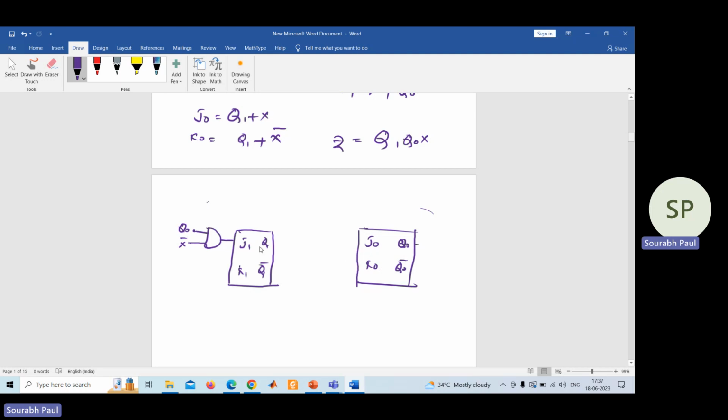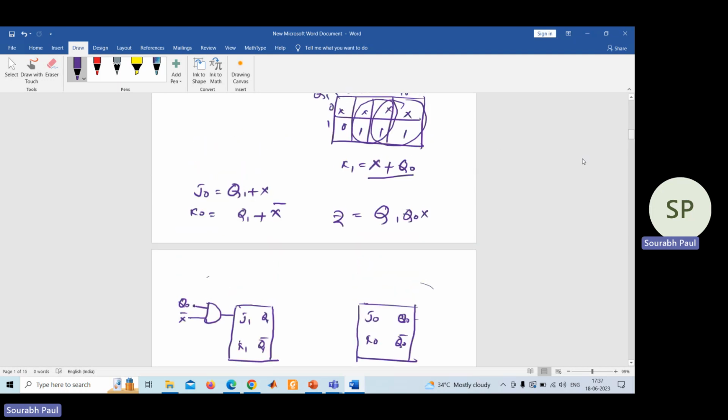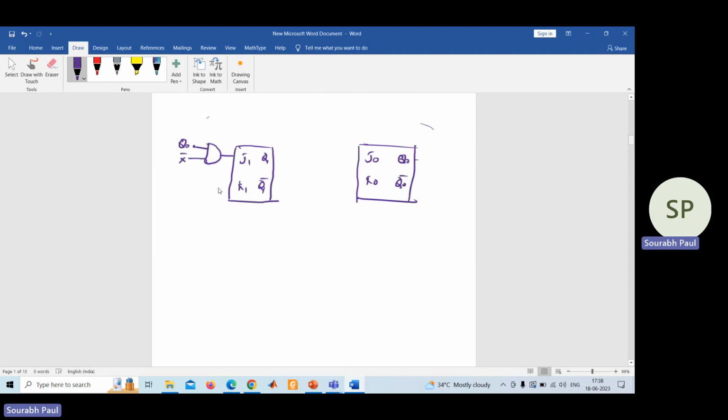So that is for J1. What about K1? If you remember, the K1 expression is X plus Q0. So right here, X plus Q0 means you have to use one OR gate. Drawing is not good. This OR gate, you have X, you have Q0. Fine.